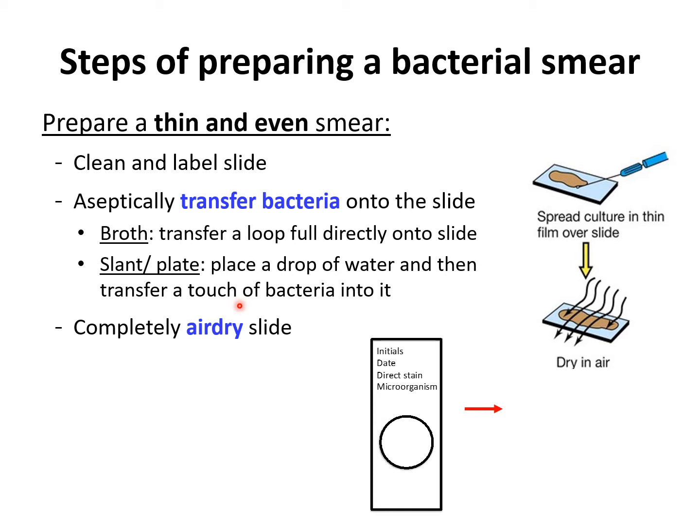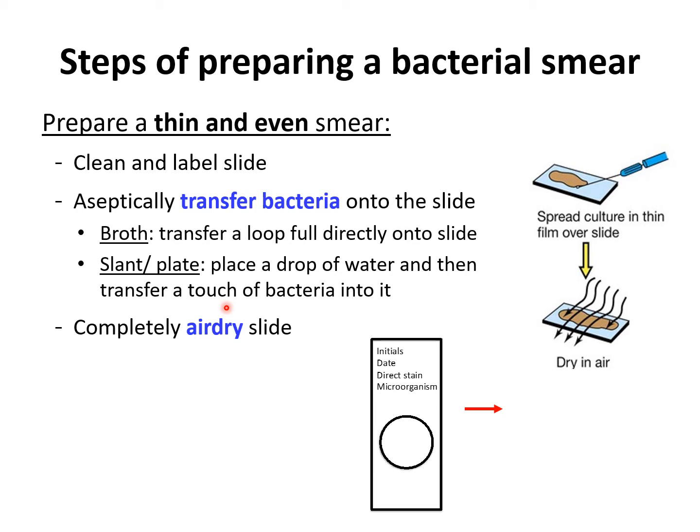Barely touch the colony that's growing on your plate, and then mix it in the water and spread it all over your slide. Do not pick up the whole entire colony, because if you do, that's going to be way too many bacterial cells that you're transferring onto your slide, and you don't want that.